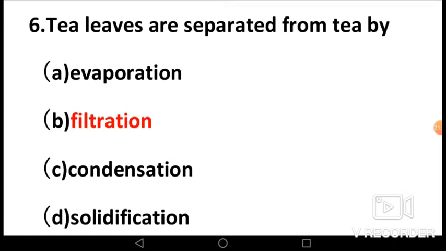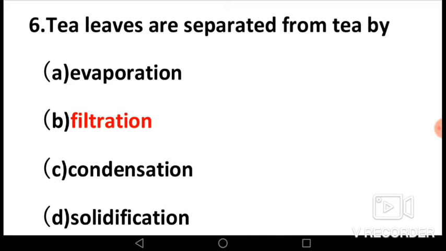Now let's see sixth MCQ. Tea leaves are separated from tea by option A evaporation, option B filtration, option C condensation and option D solidification. In filtration, a solution containing insoluble substances is passed through a filter paper.